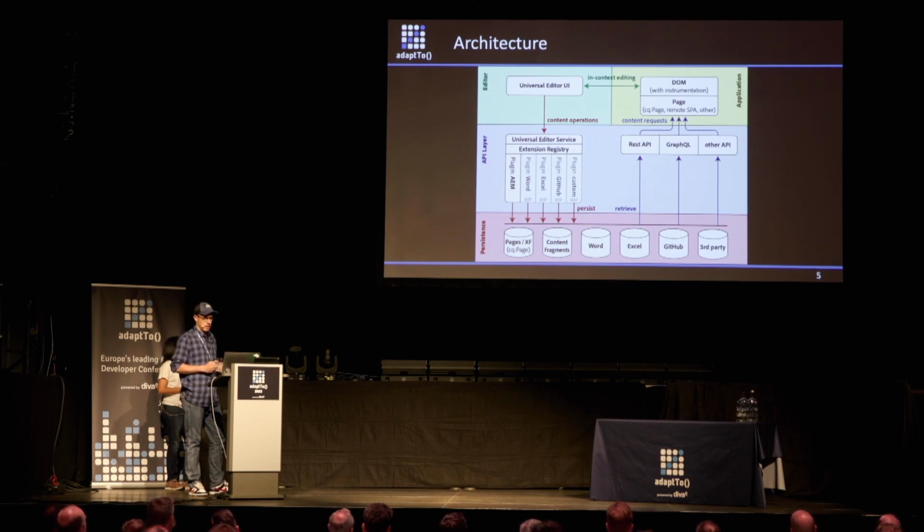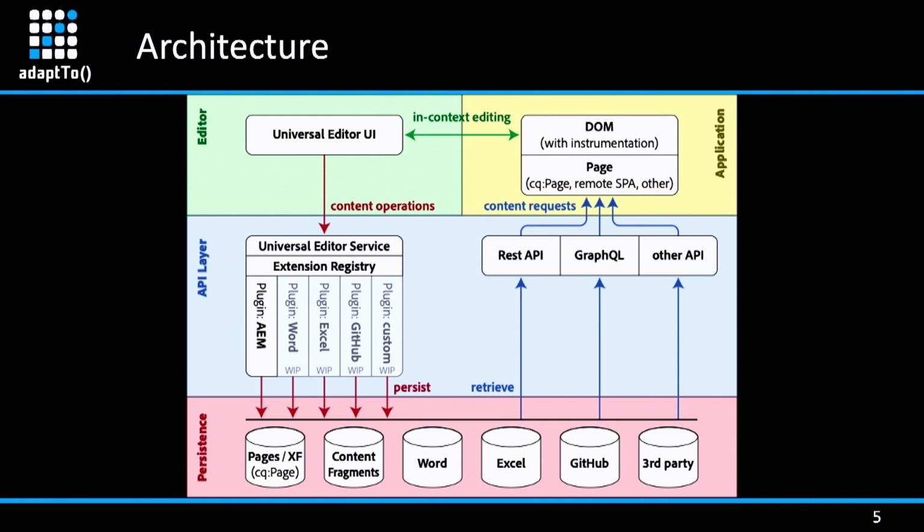So here we have a high-level architecture diagram. The moment you open your app inside of the Universal Editor, the Universal Editor is going to speak with the app and recognize some elements that can be edited. Because the app is loaded inside of the iframe, it basically follows the regular workflow.